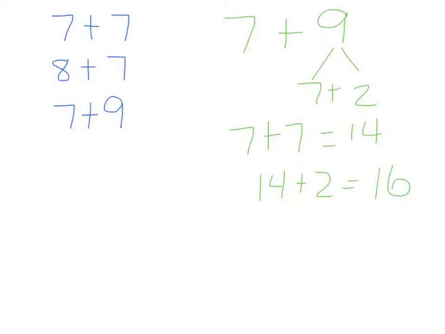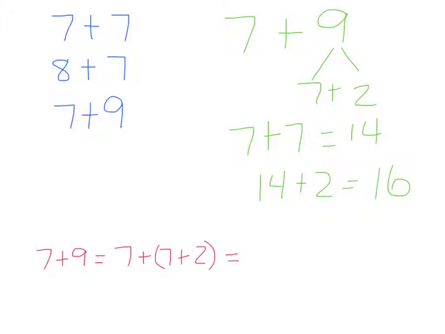For this one, it would look something like this. First, I thought of 7 plus 9, and that is the same value as 7 plus 7 plus 2.